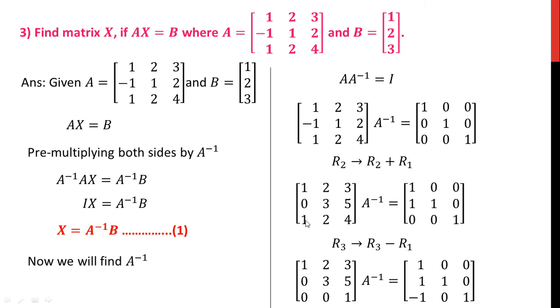Now in the third row it is 1 minus 1, that is 0, then 2 minus 2, that is 0, and 4 minus 3, that is 1, into A inverse is equal to, and here also write the first row as it is, second row as it is. Now the third row is R3 minus R1, so 0 minus 1, that is minus 1, then 0 minus 0, that is 0, and 1 minus 0 is 1. So this is our step after R3 minus R1.